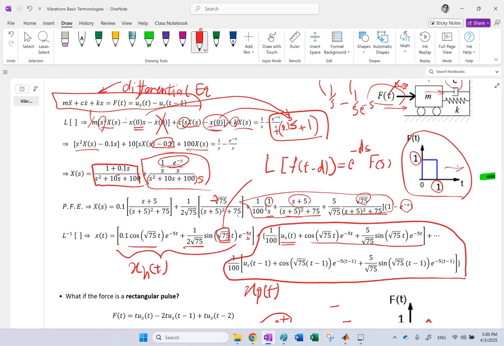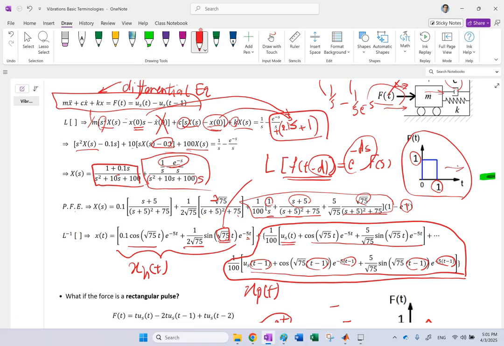We know that whenever we have an exponential in the Laplace domain, in the time domain it translates to a delay. Therefore, you see the bottom portion here is the same as the top portion, except wherever you had t, now you replace it with t minus 1. Why minus 1? Because the power of this s here is negative 1 times s. Okay, so that is your particular solution.